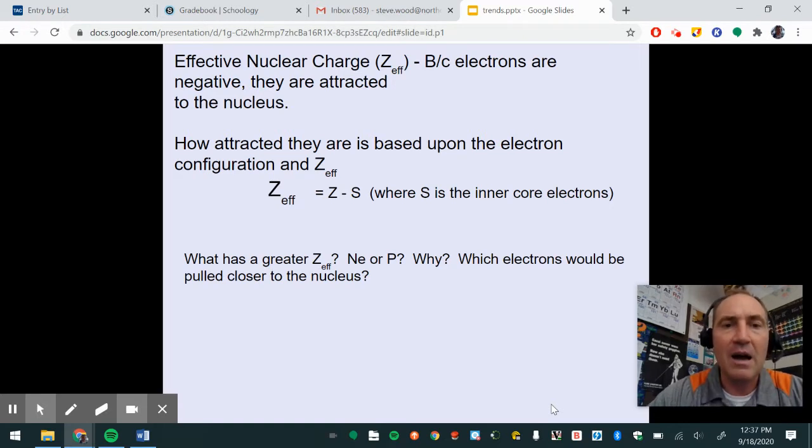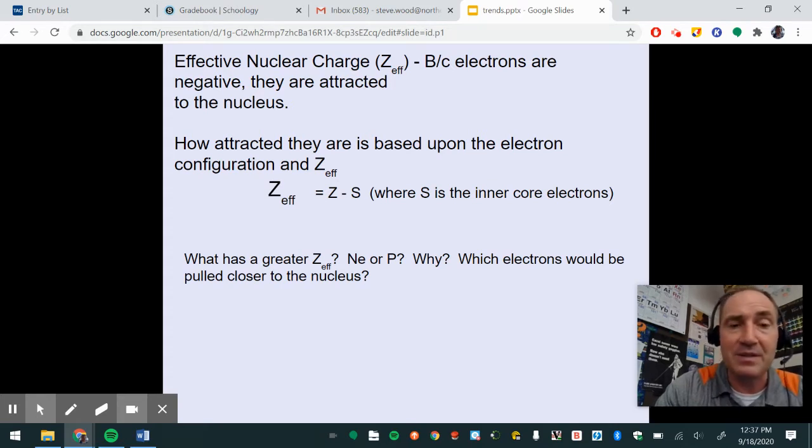So how attracted they are is based upon a couple factors: the electron configuration, that 1s2 business, and how strong the nucleus is at pulling those electrons in. In this case, Z is the atomic number, and S is the core electrons. We already talked about core electrons; they're basically the electrons that are not valence.